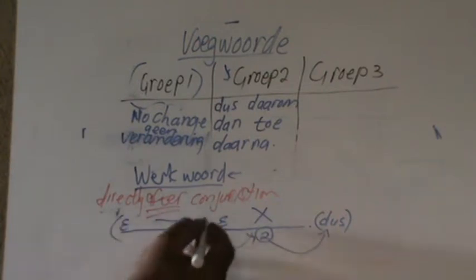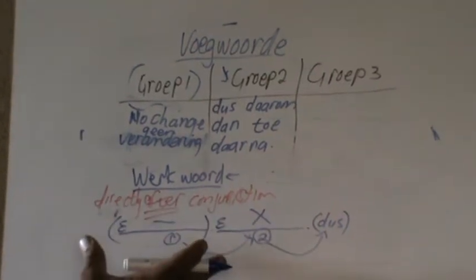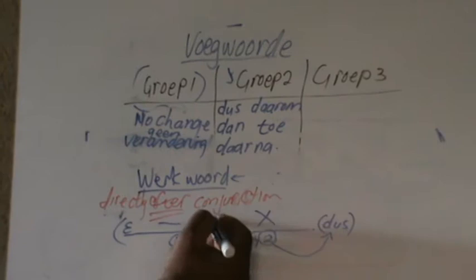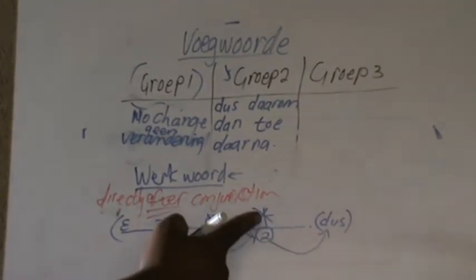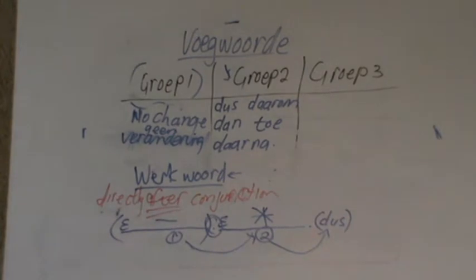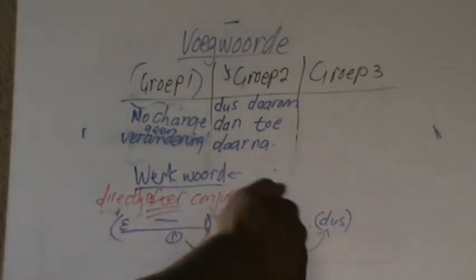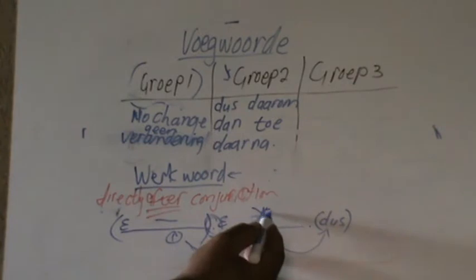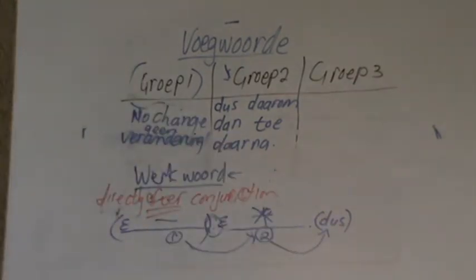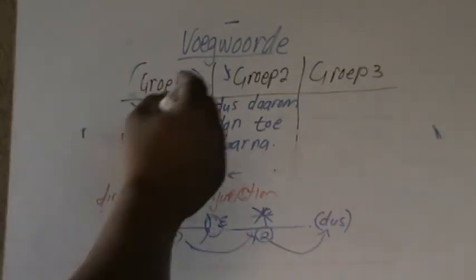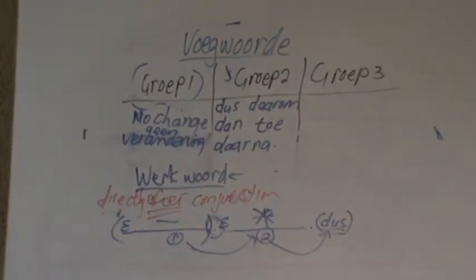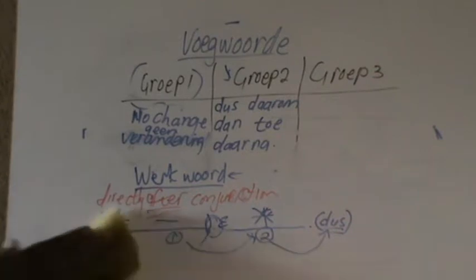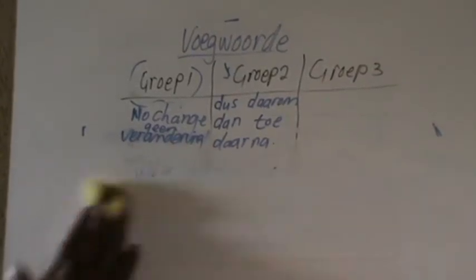So your first sentence remains as it is, and when we add our conjunction, the changes take place in our second sentence, because the rule says the verb must go directly after you've added the conjunction. Right, let's do a sentence and see what they've done there.